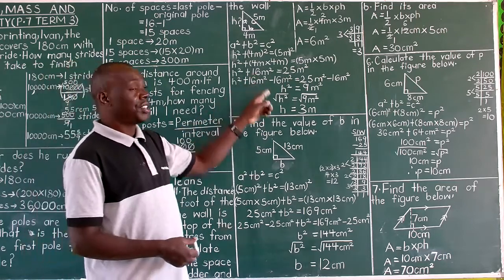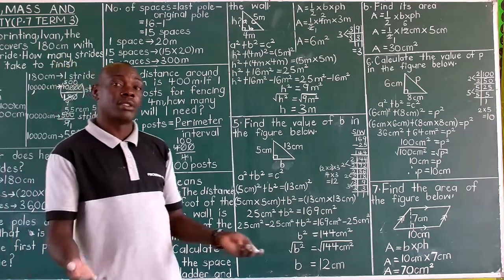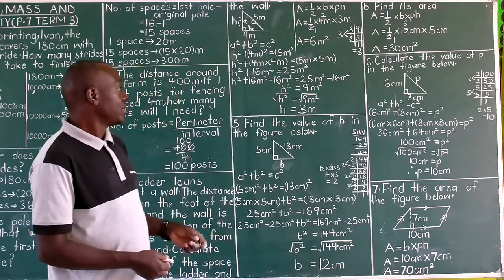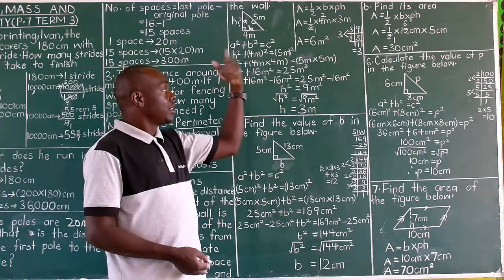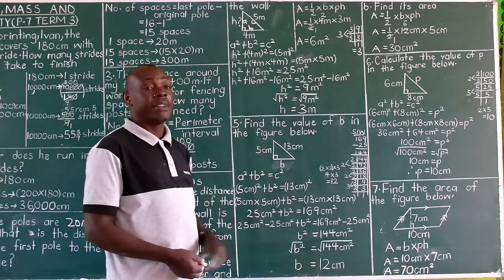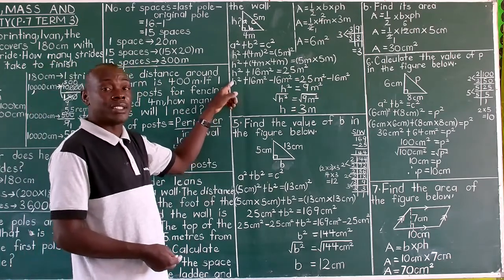You see 16 meters squared and 25 meters squared are both meters squared, so they look alike, so they're like terms. So we collect them, and when the plus sign crosses the equal sign, it becomes a minus sign of subtraction. So we deal with that in that sense.